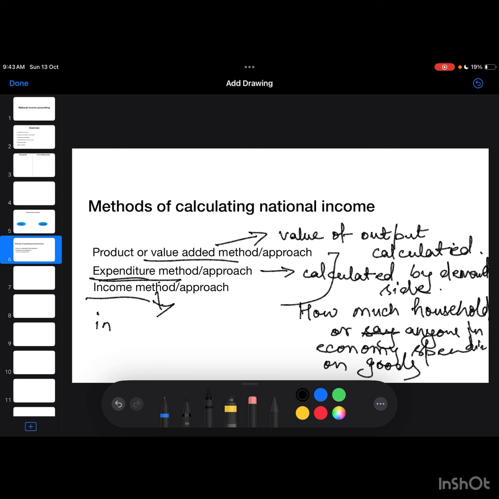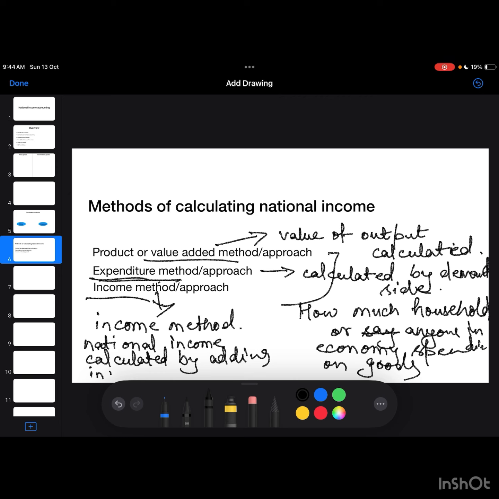In income method, national income is calculated by adding the incomes of individuals in the economy.